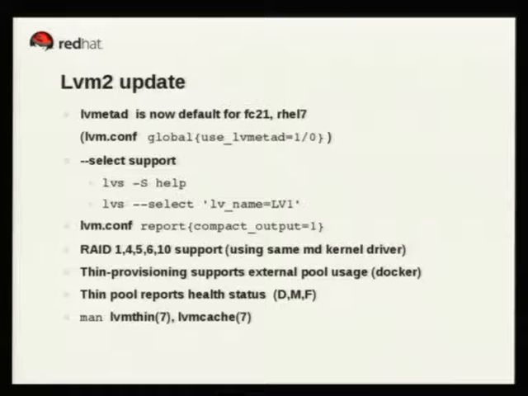Another quite interesting thing for users is the select support. It's going to be improved, but already you can use it. It's -S, capital S, or --select. And instead of doing some fancy Python or bash scripting, you can directly select the features you want to see, select what you want them to contain, and just run what you need to.